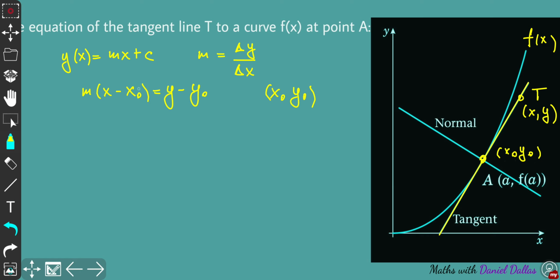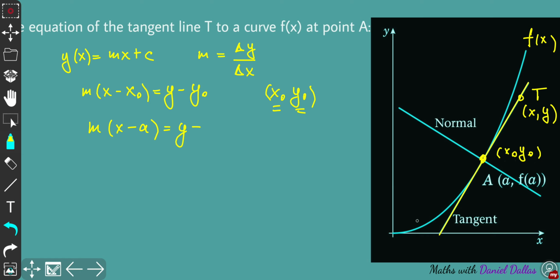So what if we plug back, instead of x0 and y0, the coordinates that we were already given? In this case, we'll get the following: x minus a, where a is the x coordinate of the given point, will be equal to y minus, in this case, y0 becomes f(a), because at this point both the line and the curve f(x) share this point.